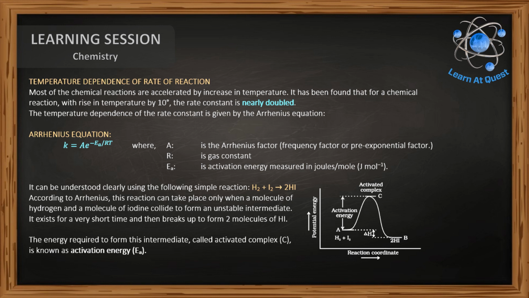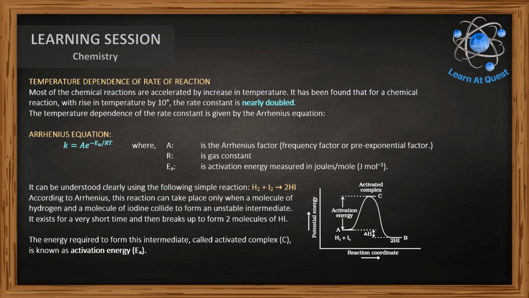Let us say hydrogen gas reacts with iodine gas to form hydrogen iodide. That is, the reaction is H2 plus I2 reacts to form the product 2HI. Now, according to Arrhenius, this reaction can take place only when a molecule of hydrogen, which is H2, and a molecule of iodine, which is I2, collide to form an unstable intermediate.